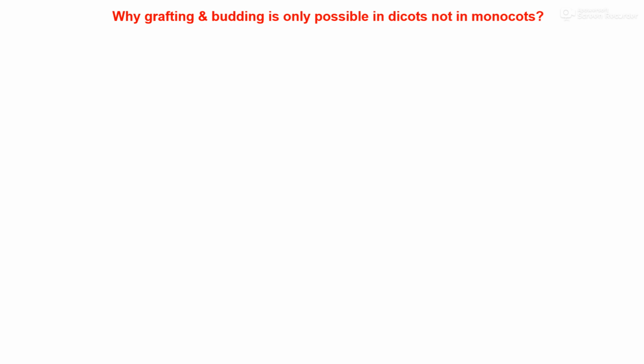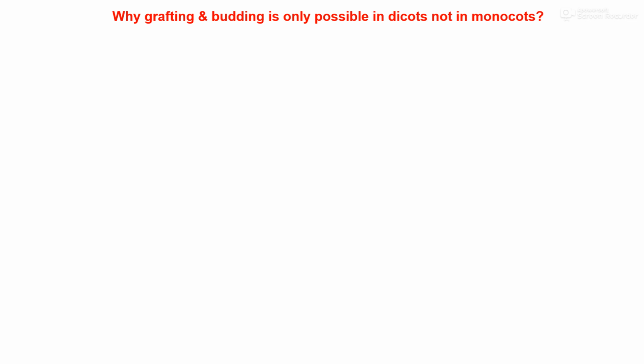Why are grafting and budding only possible in a dicot and not in a monocot? As per the method, propagation on its own root system includes cutting and layering practice. This is possible in both monocot and dicot.